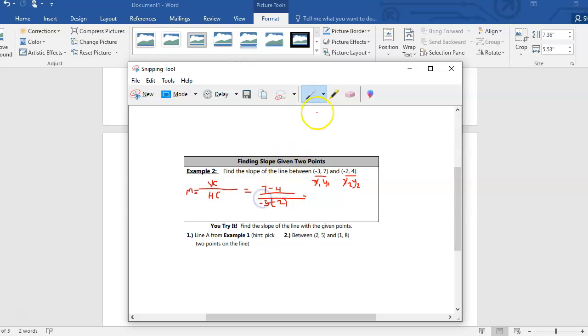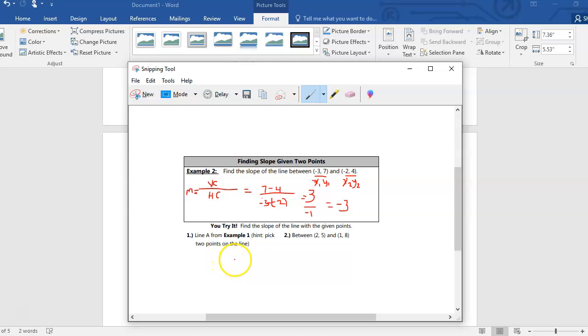That is just 7 minus 4, which is 3, over -3 plus 2, right? Double negatives make it a plus. So that's going to be -1. So my slope is -3, or m is -3. Let's look at the bottom.